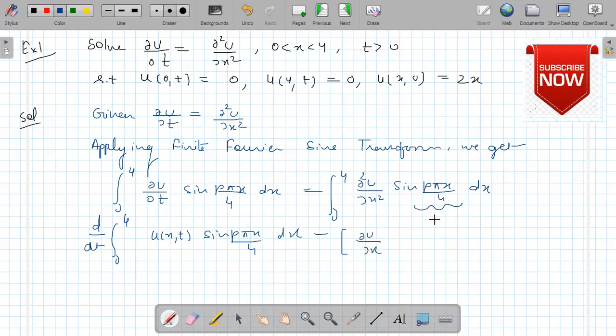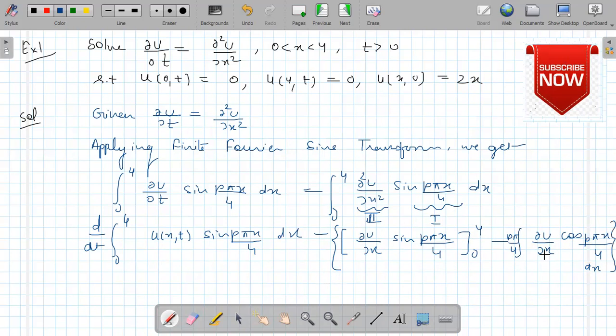We take this as first function and this as second function: first function into integration of second function, minus integral del u by del x cos p pi x over 4, p pi over 4 will come outside, dx, from 0 to 4.